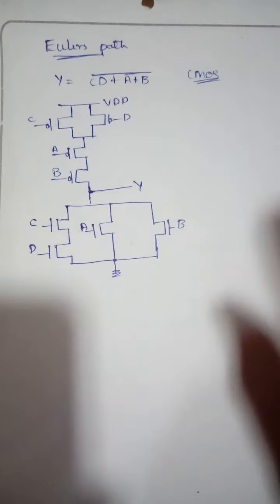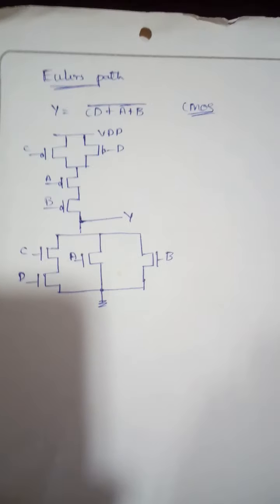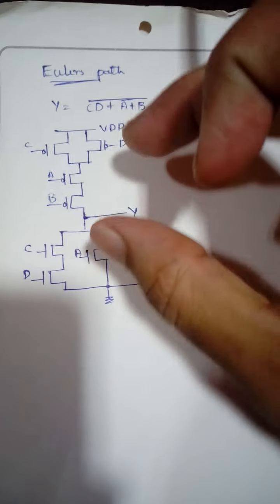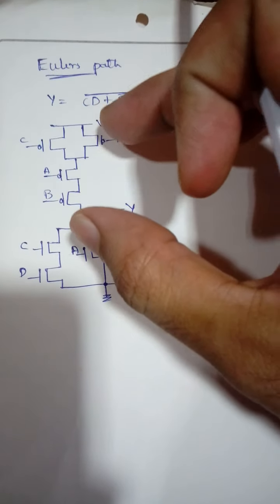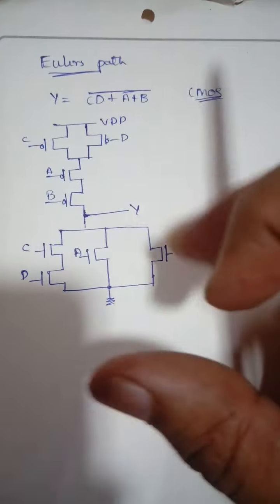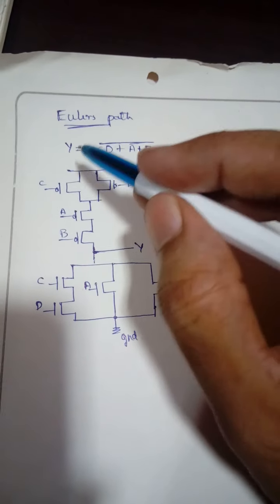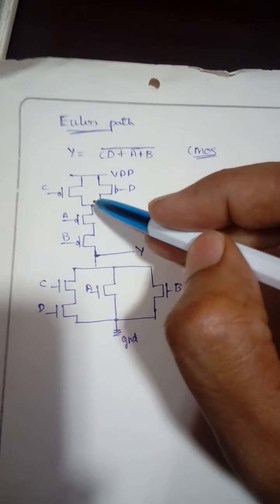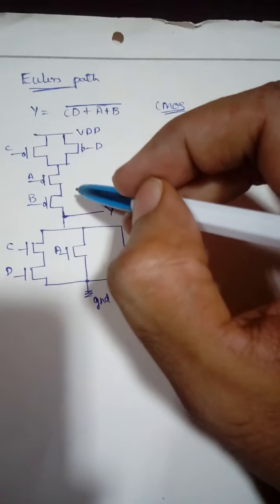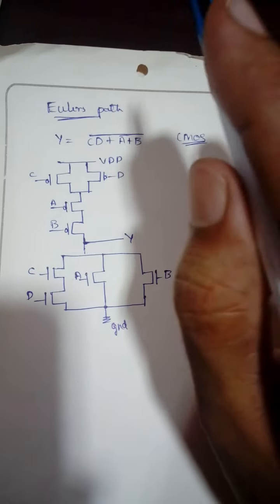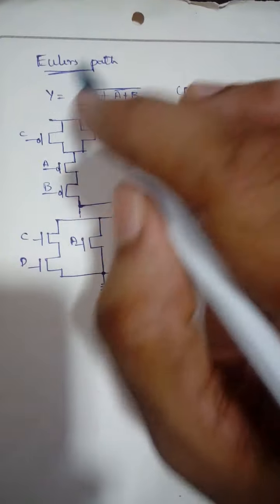Now in Euler's path there are some rules which have to be followed. So we'll try to draw a graph from VDD to the output, and we'll also try to draw one more graph from ground to the output, right? So the transistor, you can consider it as an edge, and the nodes are also important. Whenever you're drawing the path, that should be non-traversable.